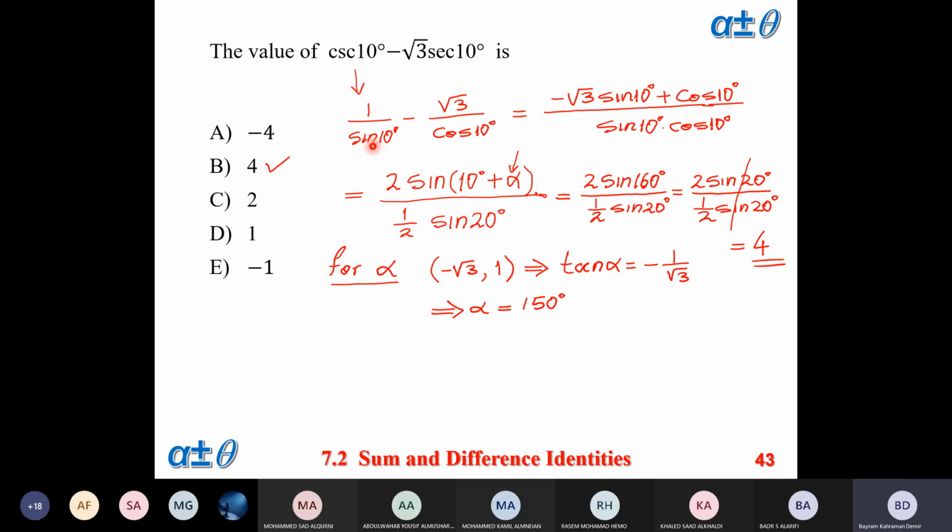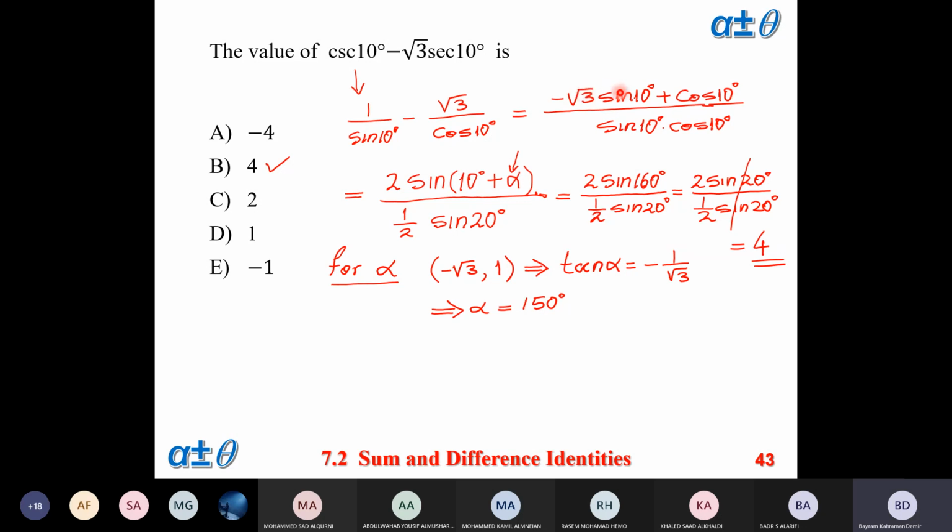You see that? Minus root 3 sine 10. That is if you know how to do the subtraction for fractions. And then you need to multiply sine 10 times cosine 10, right?